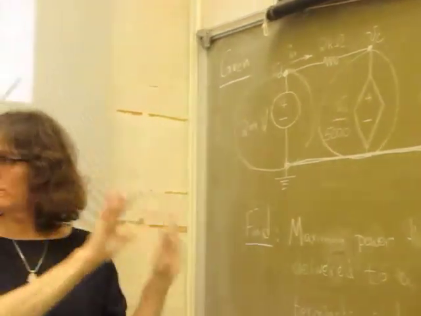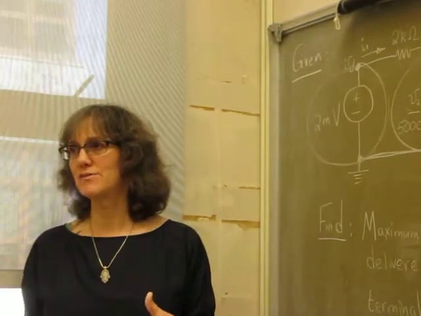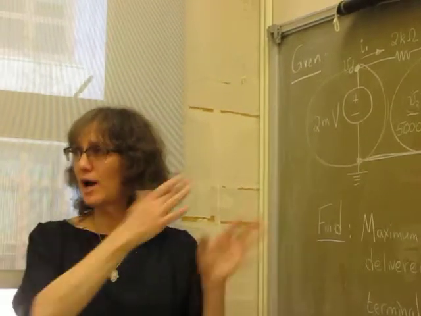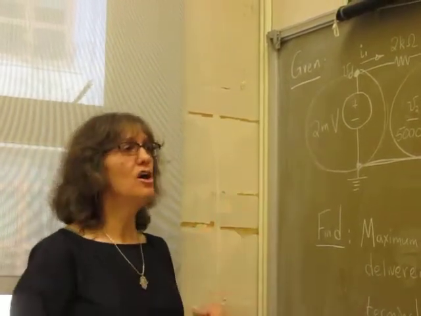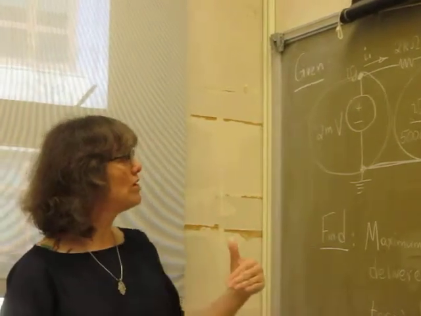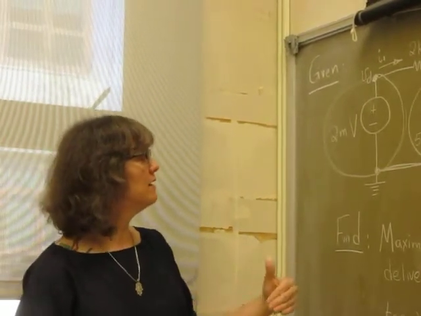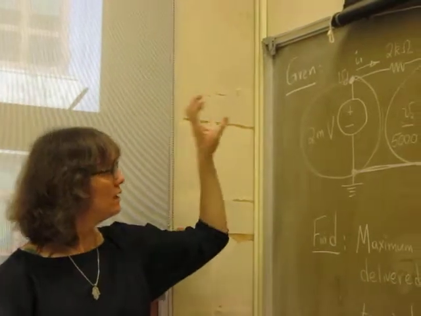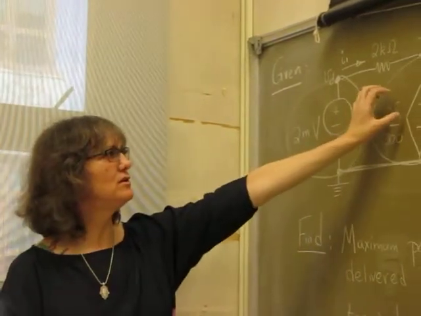So that's great. You identify the supernodes, but you're not finished with that step, because in addition to identifying these 2 supernodes, you need to write equations for each one of them. It's similar to what we did for the dependent sources.